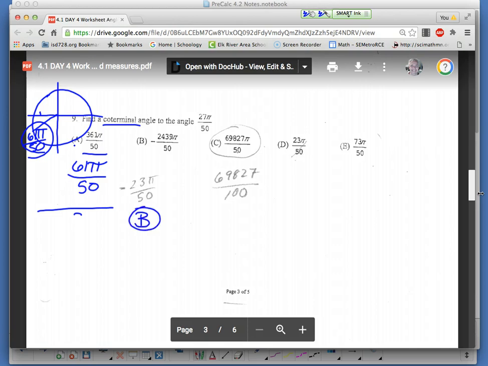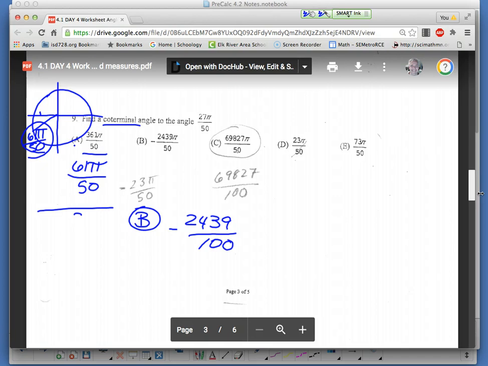So to talk about B, I've got negative 2439 divided by 100 because I'm talking about hundreds, I'm talking about 50ths, and for the same reason I did 100 on the A, I'm doing the same thing for B. So I got negative 2439 divided by 100. And now I got negative 24.39.